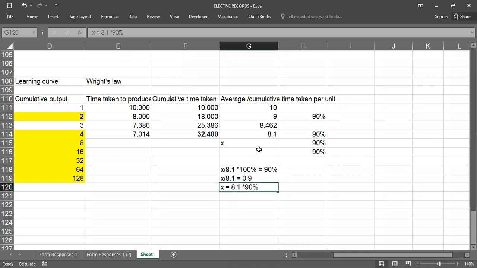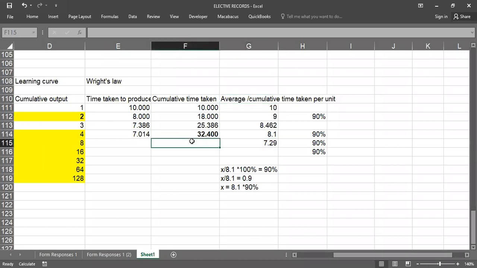For those who like, should I say, shortcuts, yes, for me to get this X, I just get the rate times the previous one. Okay, although I would encourage you to do this because you see what's happening. So therefore my X is equal to this times 90%. So it is 7.29 for X for the average time.